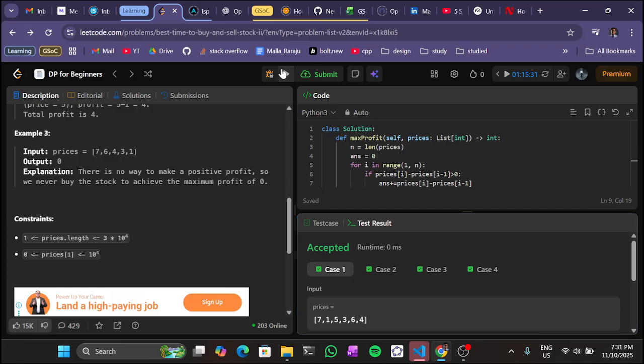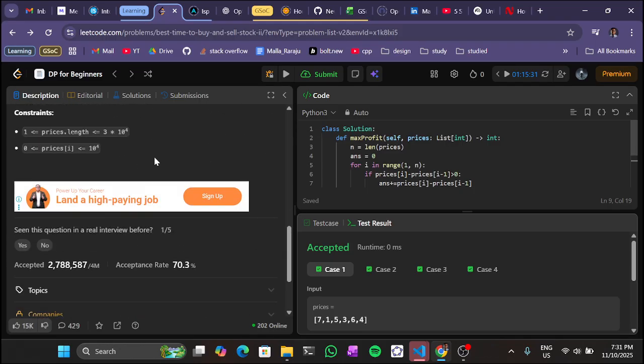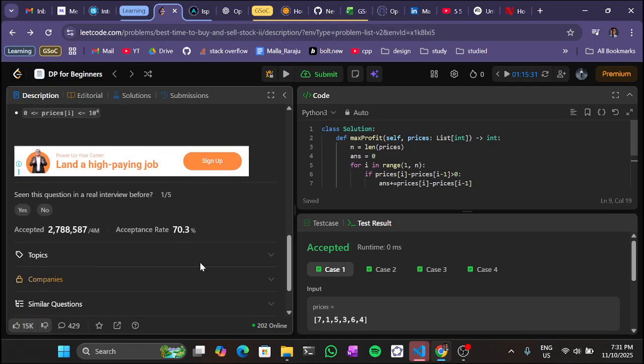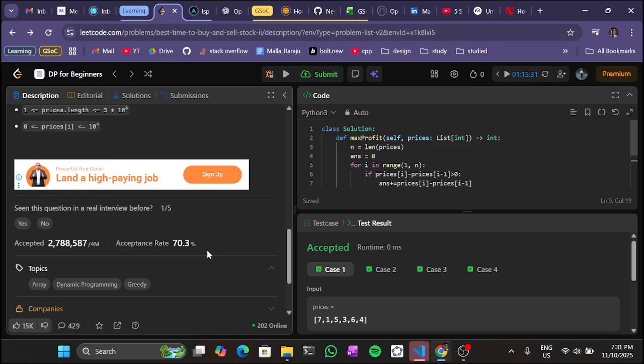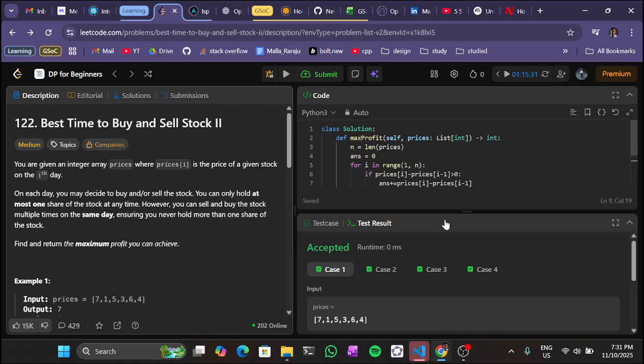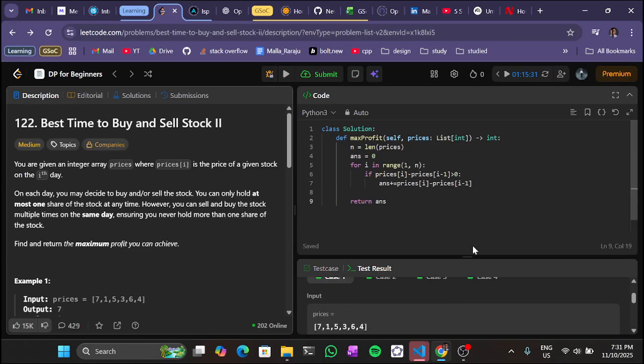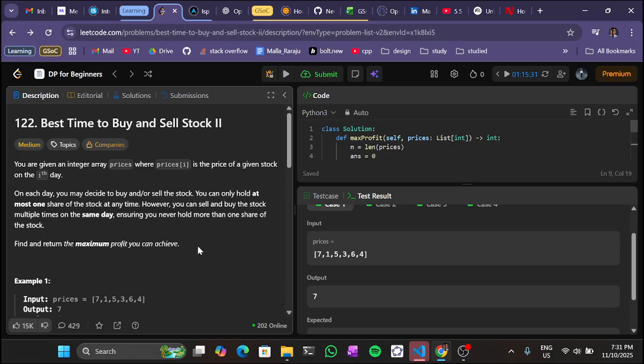Something is fishy. Let's check the topics. Well, we did, I guess it is a greedy approach.